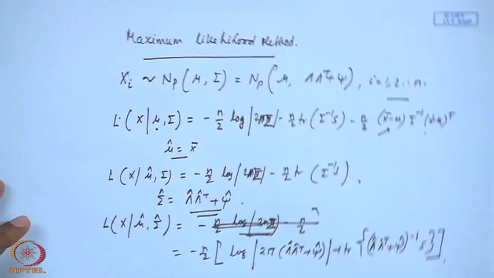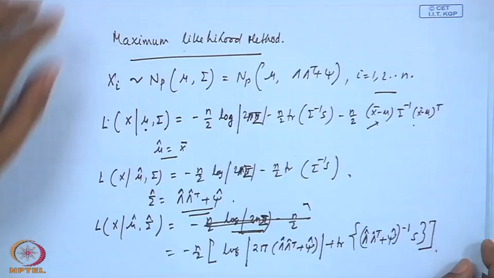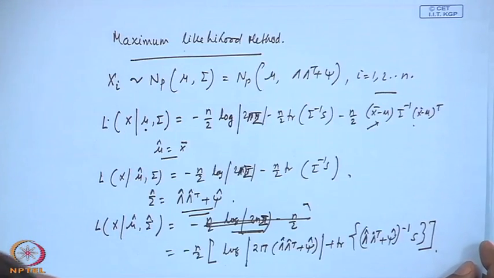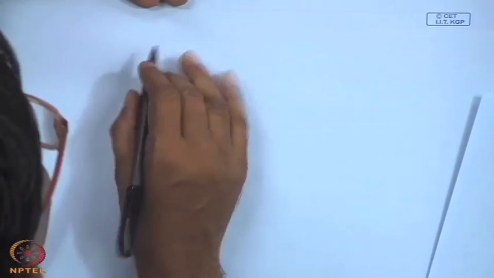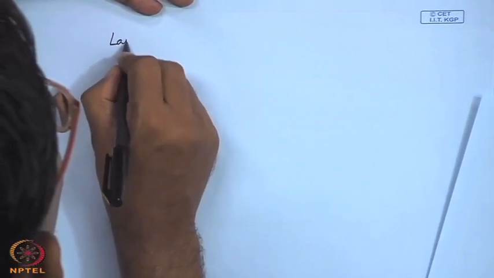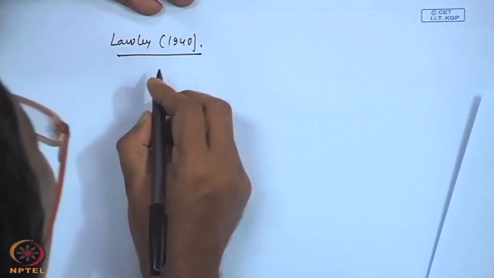This type of big formulation is there, and Lawley has given some formulation for this, which I will write further. That is what Lawley has given, the simplified normal equation by Lawley, 1940.